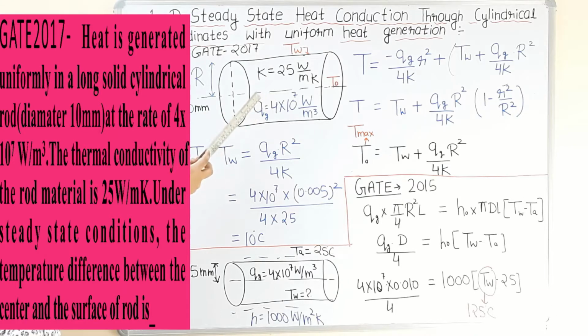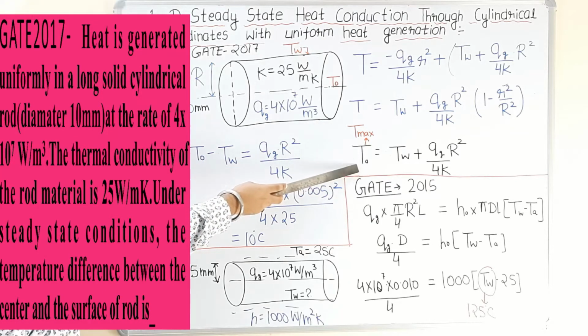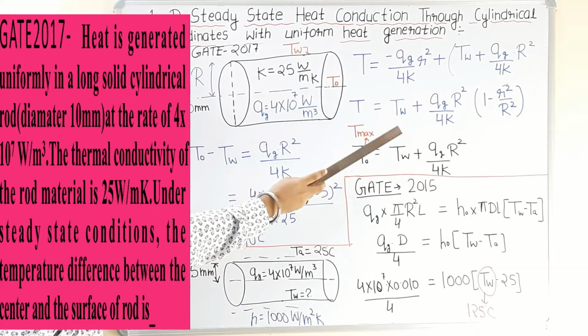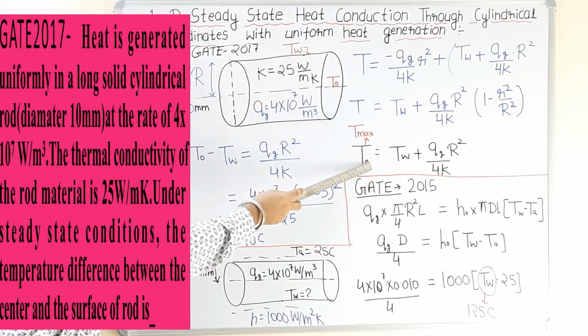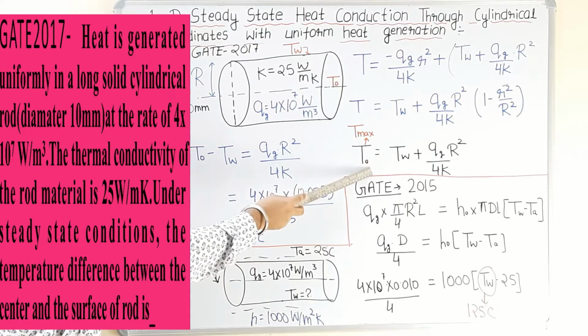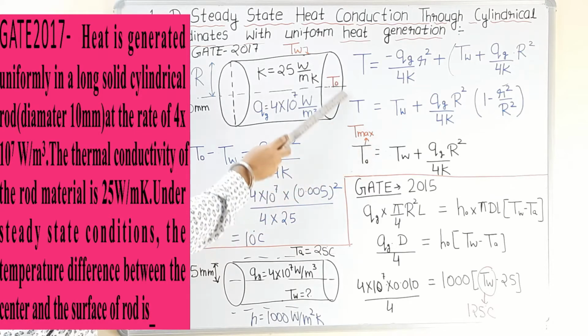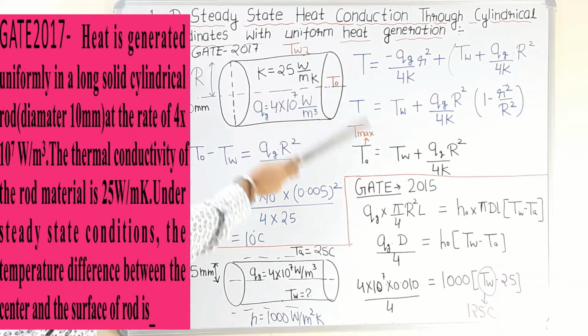In the previous section we derived the expression for the temperature at the center of the cylindrical rod as T naught equals Tw plus Qg by 4K into capital R square. From this equation we can determine the temperature difference between the center of the rod and the surface of the rod like this.